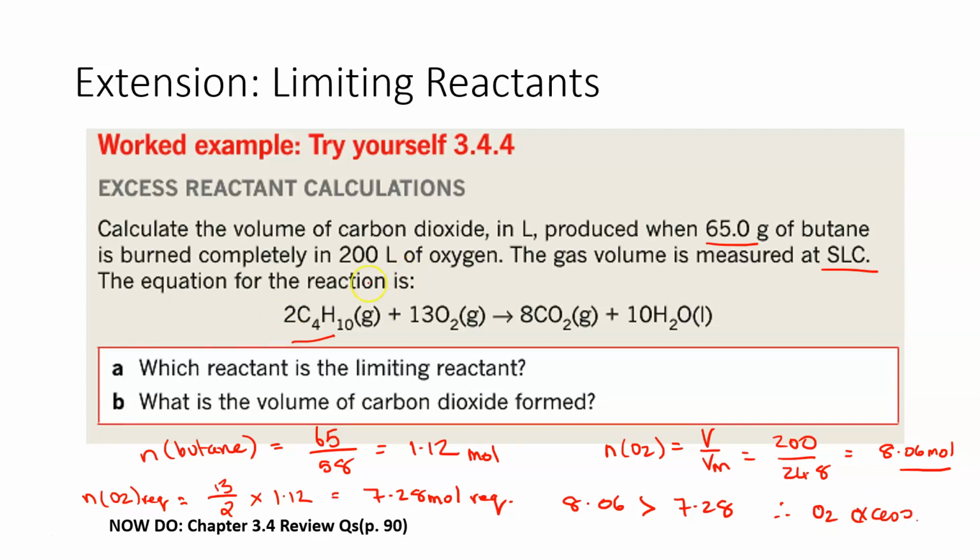And what is the volume of carbon dioxide formed? Part B, remember this must be based on the limiting reactant. So this will be based on the number of moles of butane. So n of CO2 is our 8 on 2 times 1.12. So we're going to have 4 times 1.12, which is 4.48 mole.